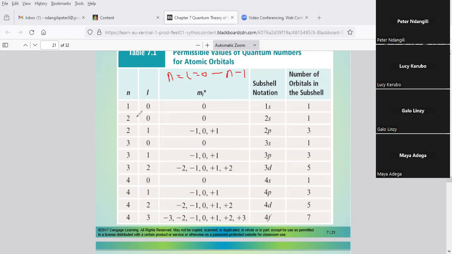Therefore, when n is equal to 2, the values of L will be 0 and 1. When the value of n is 3, then the values of L will be 0, 1, 2, because 2 is the maximum value, n minus 1. When the n value is 4, then the values of L will be 0, 1, 2, 3.